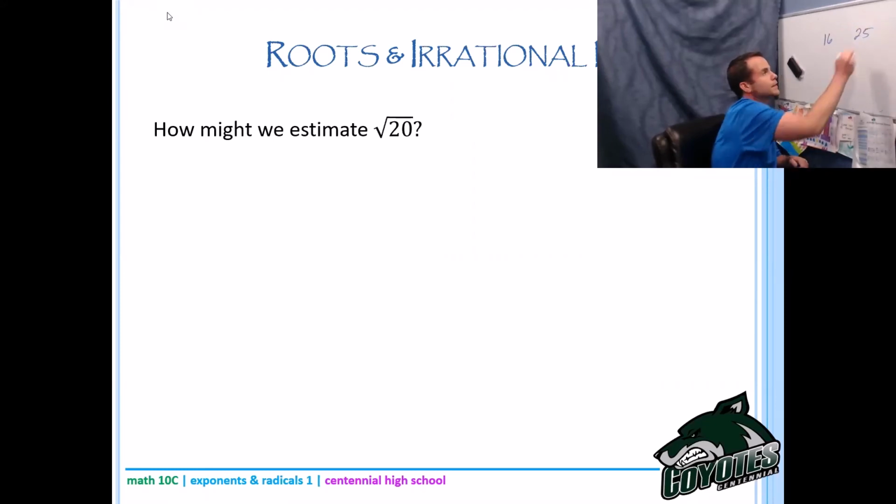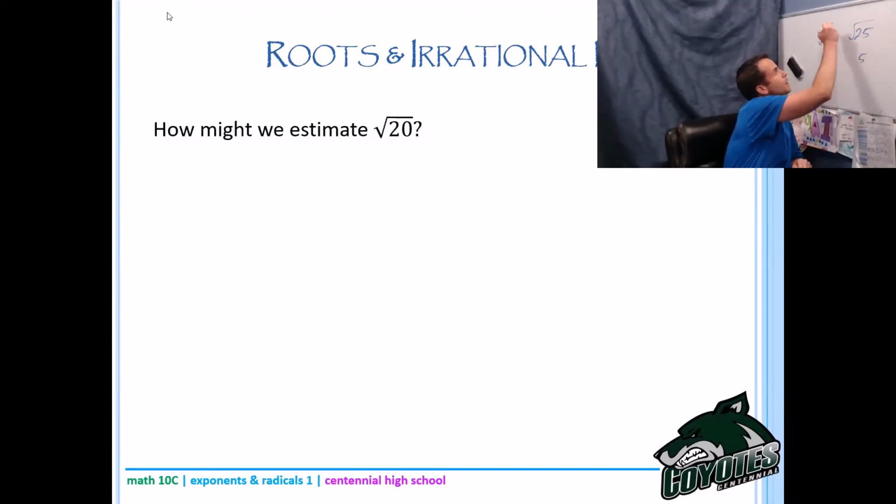Now, why 16 and 25? 16 and 25 are my perfect squares where 20 is in between. So I know that the root of 16 is 4. I know that the root of 25 is 5, which means that the root of 20 has to be 4 point something. Okay, do you see what I'm doing there? The root of 20 has to be 4 point something.